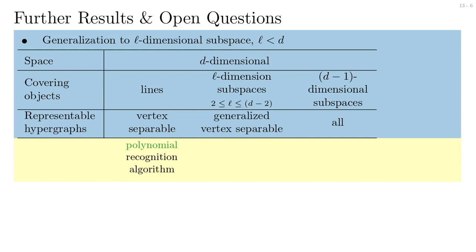If we consider general L-dimensional subspaces between lines and d-1 dimensional subspaces, we could generalize our vertex separability property in this case. The only problem is that the algorithm out of this property is polynomial but for a fixed d. So the first question would be, what about non-constant d?